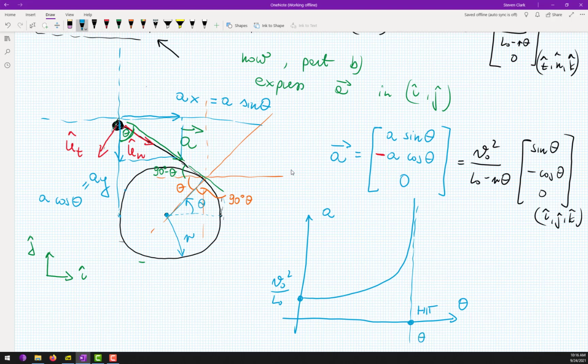This will be theta star equals L0 divided by R. Yeah, so peak occurs at that angle. Yeah, and this is our magnitude of A as a function of theta.